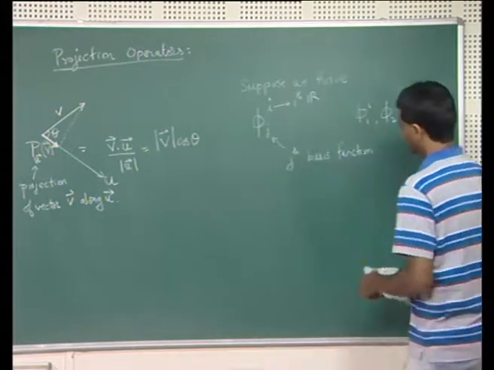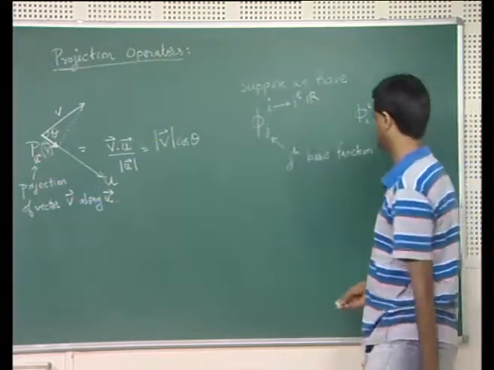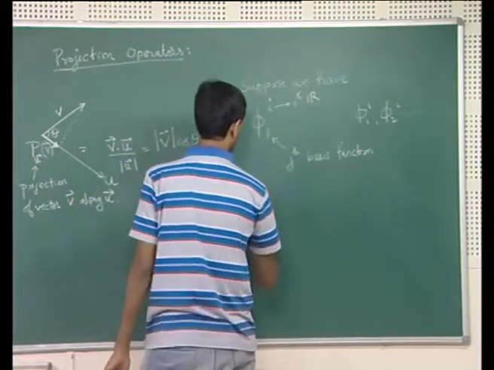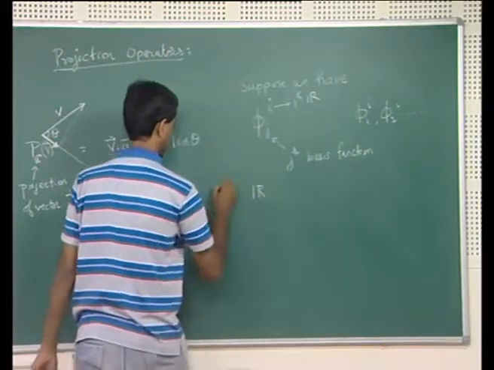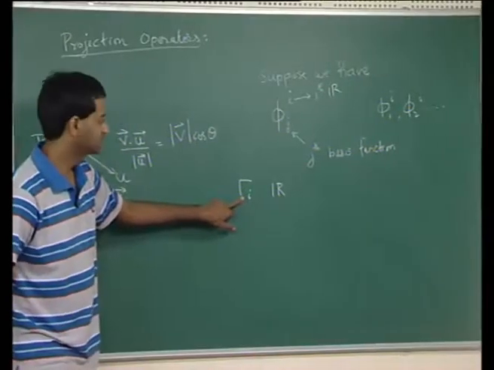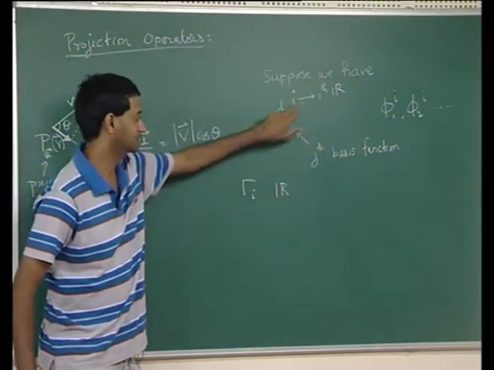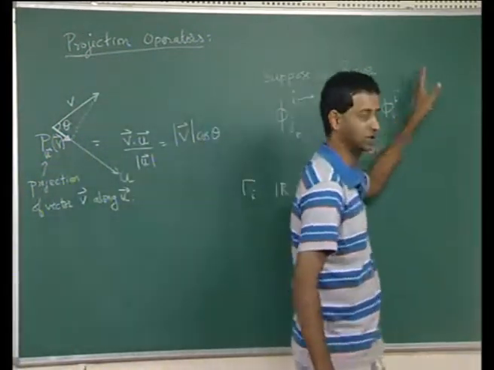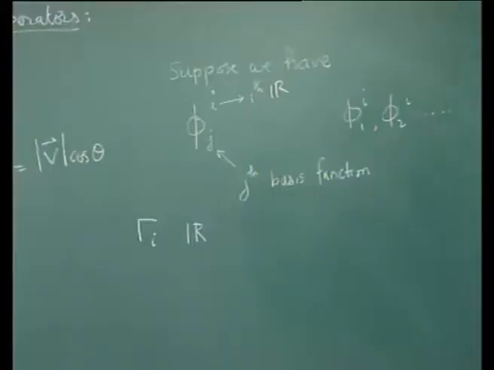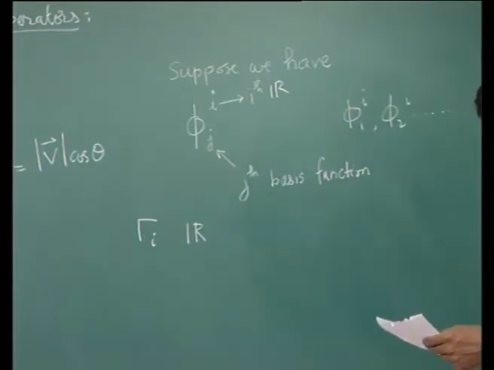So you have an irreducible representation denoted by gamma I. And in this irreducible representation, there is a set of basis functions denoted by phi j I. So it could be phi 1i, phi 2i, and so on. Now, these basis functions are denoted this way.